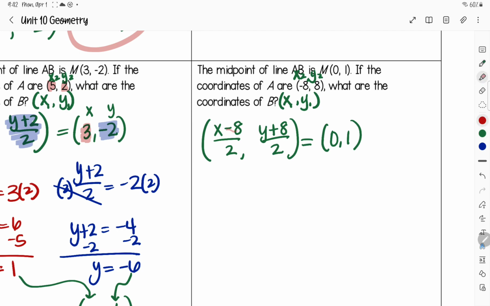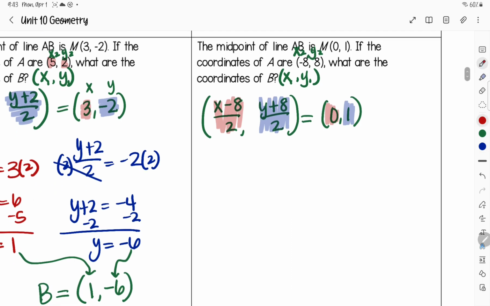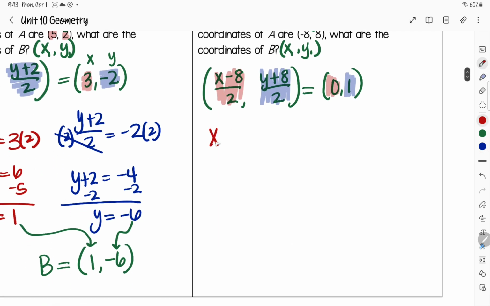Again, this one equals this one, and the y equals this one. So we set this up as two separate equations. x minus 8 divided by 2 equals 0, and y plus 8 divided by 2 equals 1. Just like before, the first step is to multiply both sides by 2 to get rid of the 2 in the denominator.